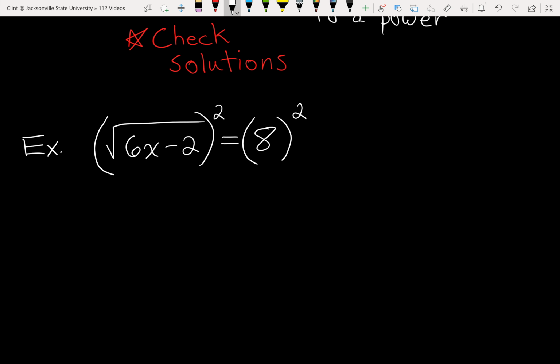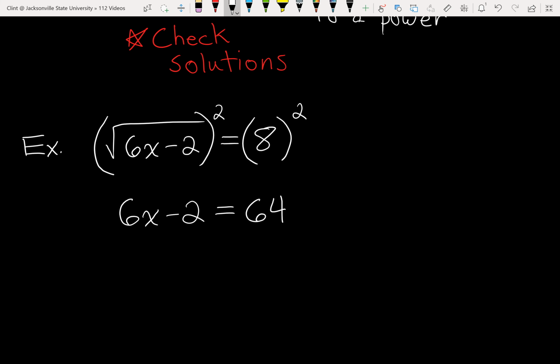We're going to square both sides. When we do that, it's easy on the left. The square and the square root cancel out, and it just leaves us 6x minus 2. On the right side, 8 times 8 is 64.